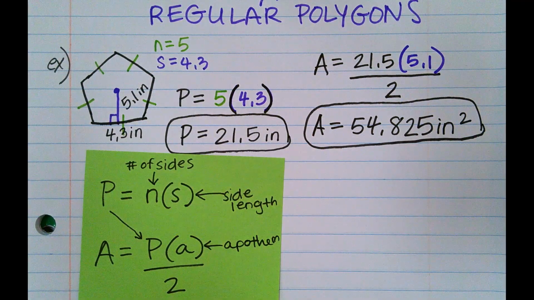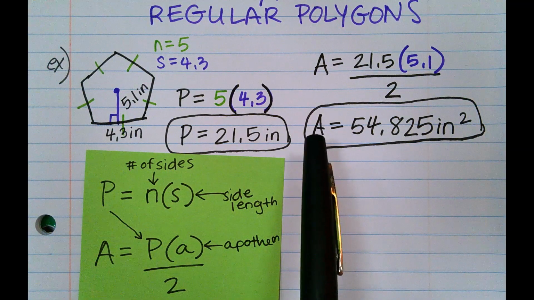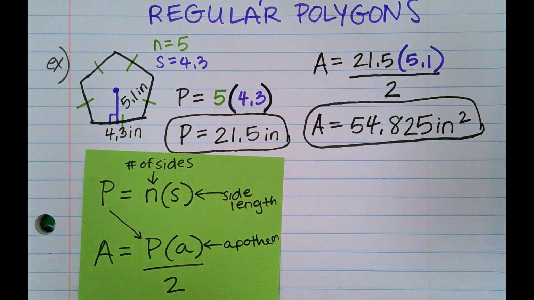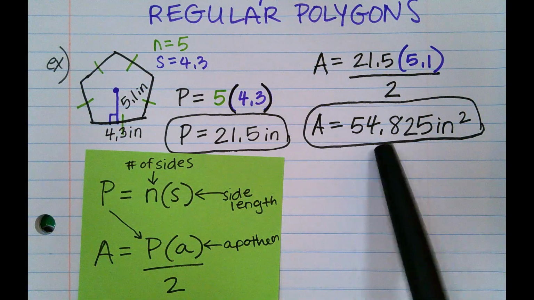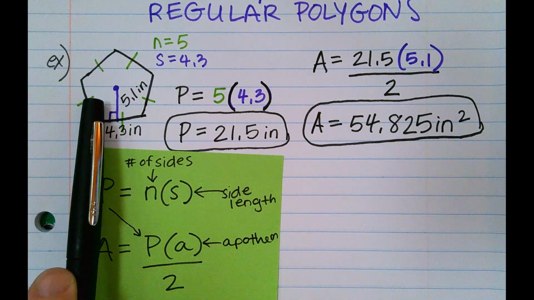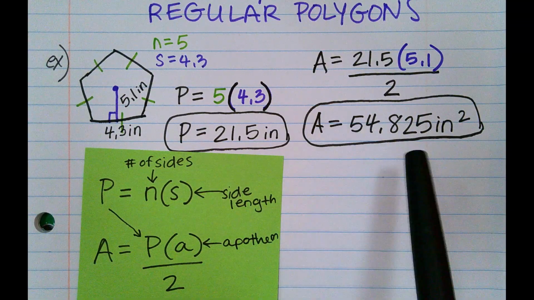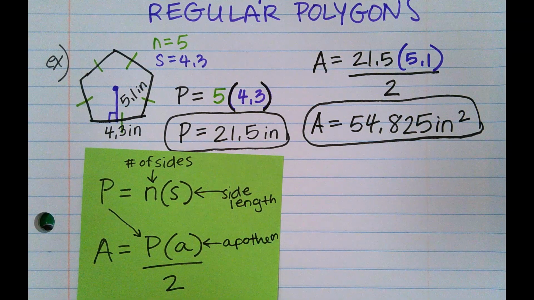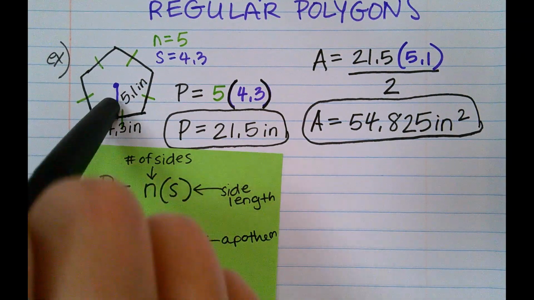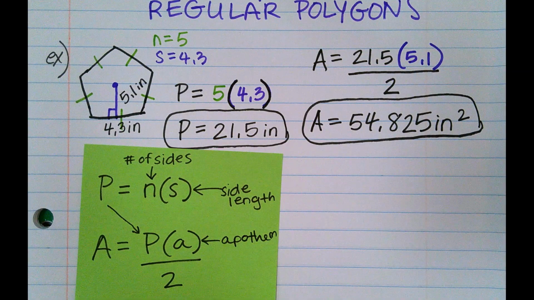Lines are measured in inches. The area, we're measuring a flat space. We're basically saying I can fit 54.825, so almost 55 inch-sized squares inside of this shape. That's what area tells us. How many inch squares can I fit in this shape? That's how we do it.